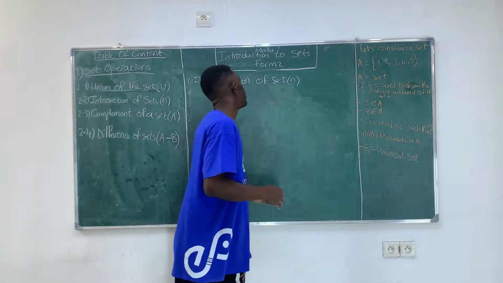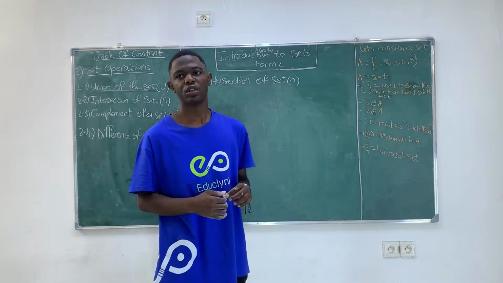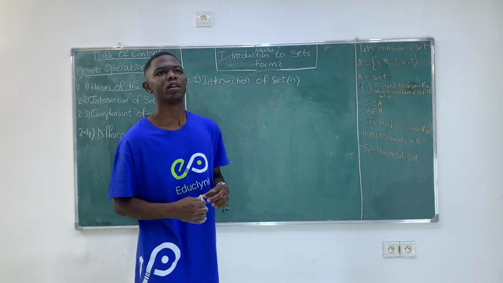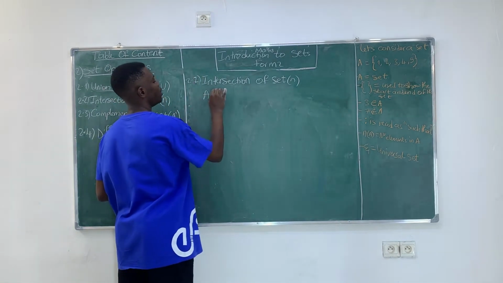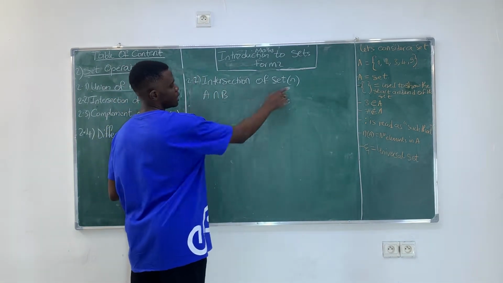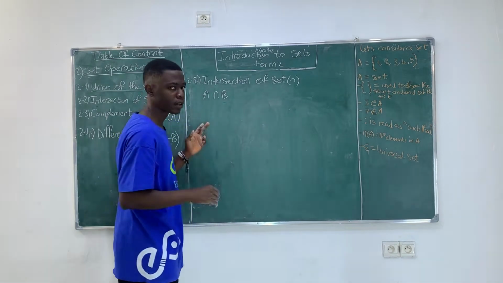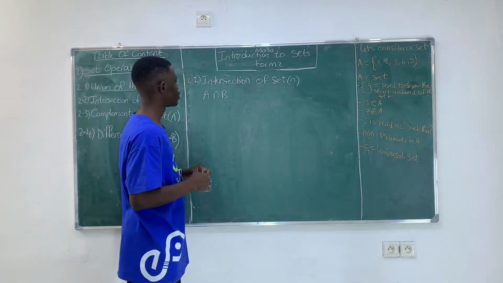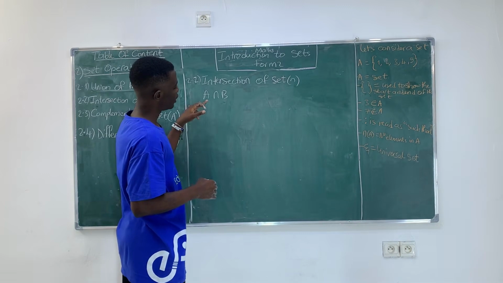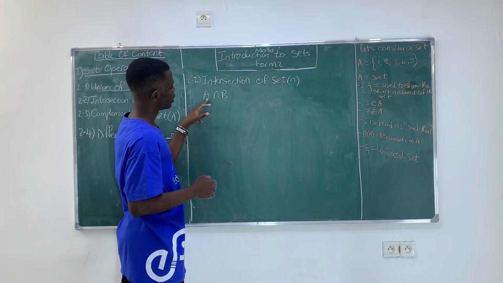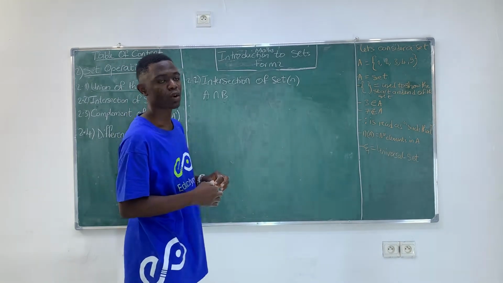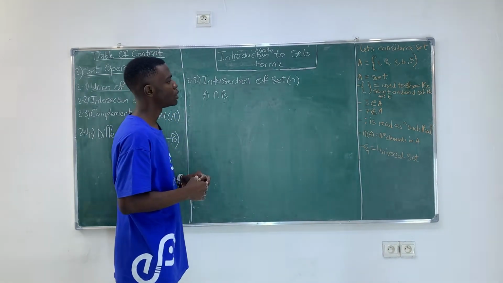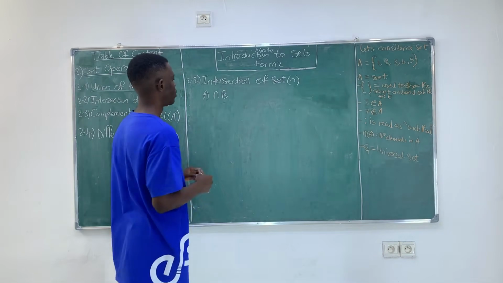How will you define it? If you have A intersection B, the sign of intersection is like an upside-down U. It means we take values of A that are common to both A and B. That will be the intersection.